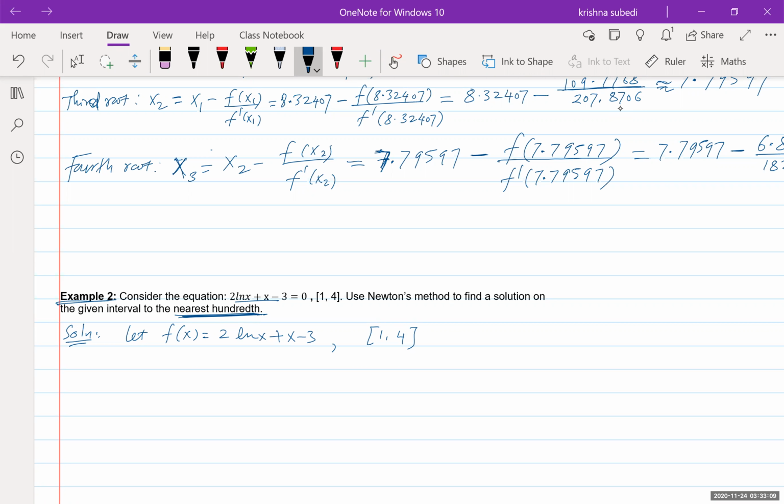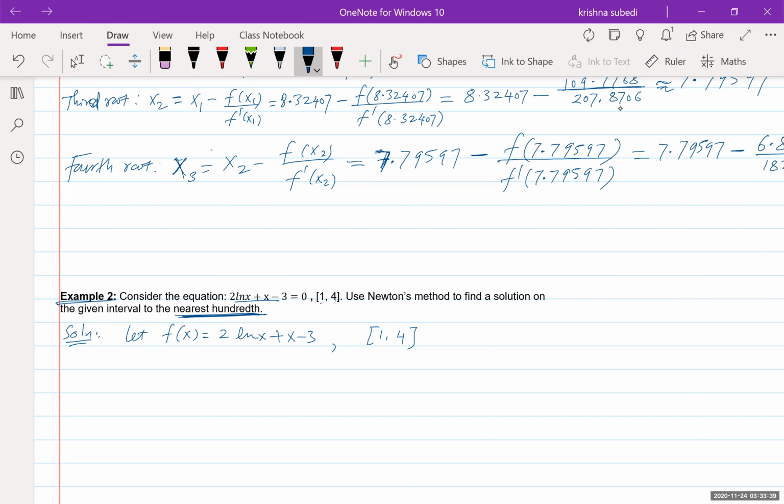Now, in the earlier example, example 1, we were given the starting root, starting value. Okay, we were given that value and we just wanted to find the fourth root. But here we are not given any starting point. You need to choose that. As a matter of fact, you can choose any point in between 1 and 4.